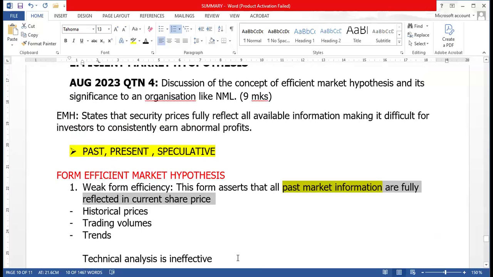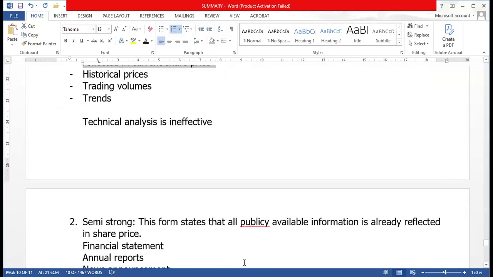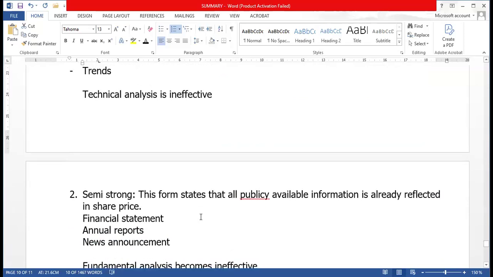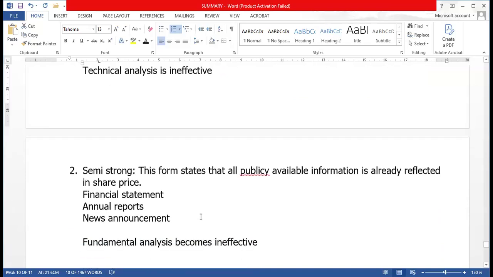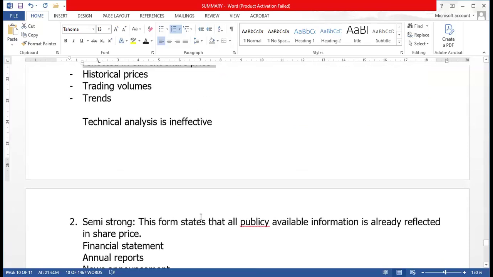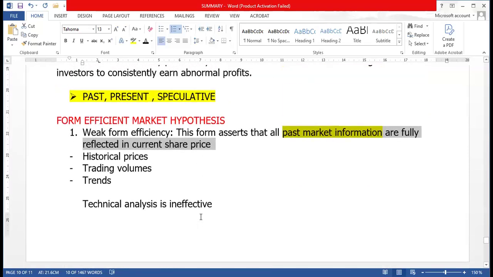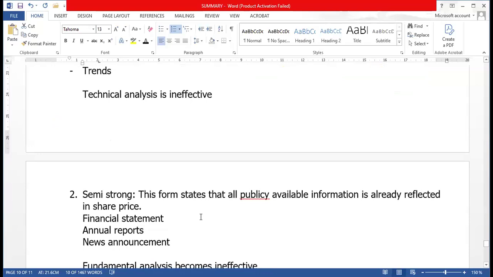No, it includes that, and this one adds other information, like what the company publishes. Are we together? So here you look at the past market information, plus the information published by the entity.